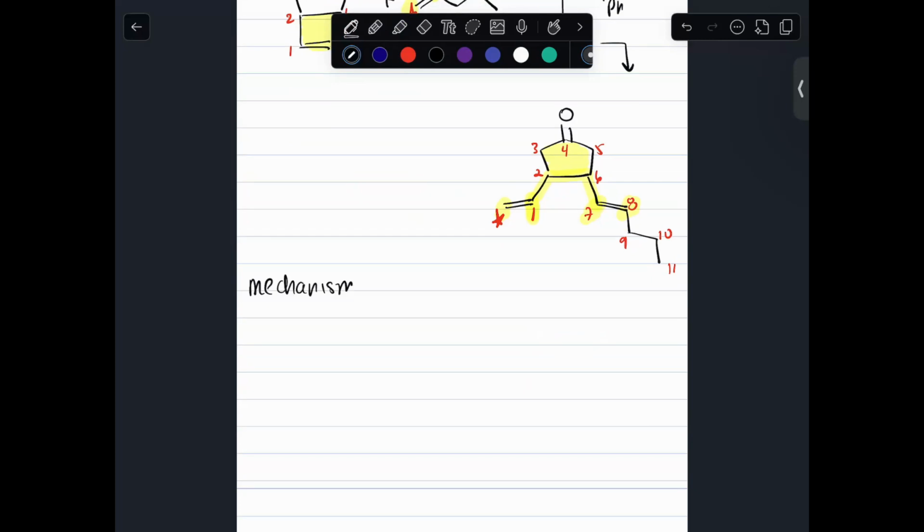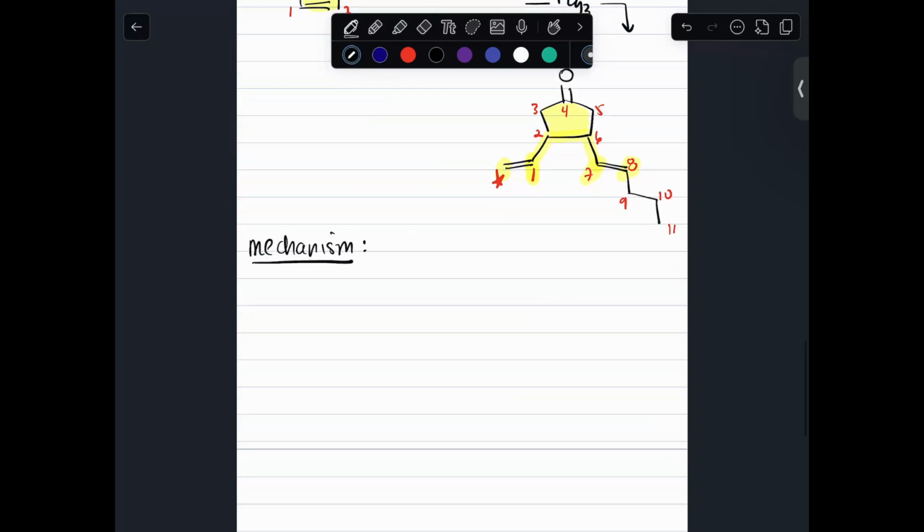Just like before, we always start off with the ruthenium catalyst. Just like before, you can start off with the ring or you can start off with the alkene. What I'll do is I'll go ahead and do both.